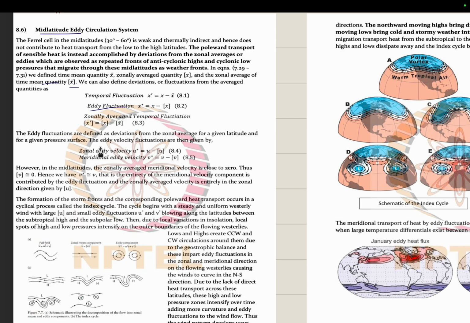The eddy fluctuations are defined as the deviation from the zonal average for the given latitude and for a given pressure surface.